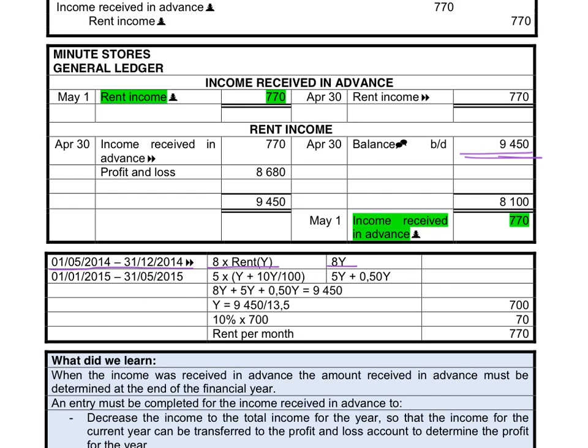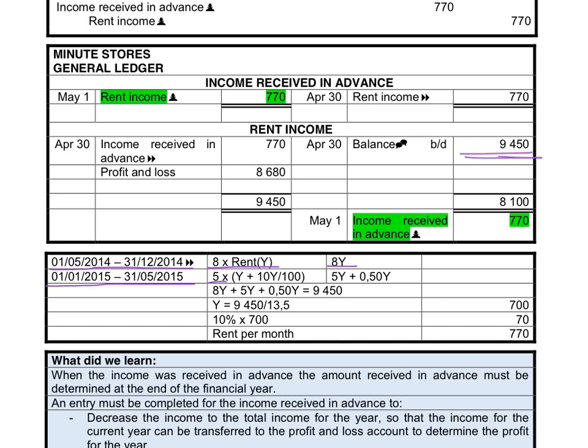Then from the 1st of January, we received money until the end of the financial year, 30 April, but we also received 1 month in advance. So it means that we received from the 1st of January up to the 31st of May. That is 5 months, where we received the rent, Y amount every month, plus an additional 10%.